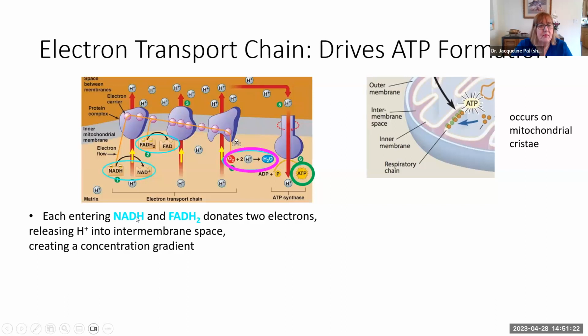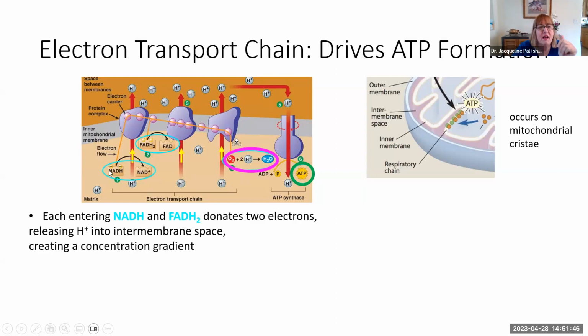So each NADH and FADH₂ is going to donate 2 electrons. So let's look at that. If we start with FADH₂, it's going to lose 2 hydrogens, and each hydrogen is going to have a positive charge. And so to end up with the FAD, it then needs to lose 2 electrons. So it's going to donate 2 electrons.